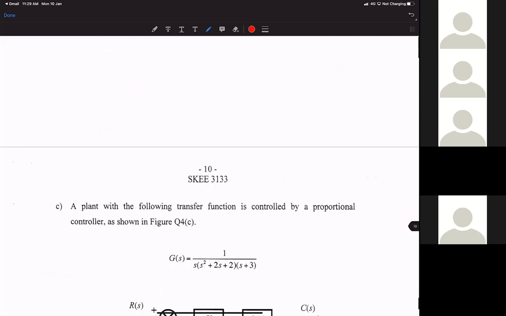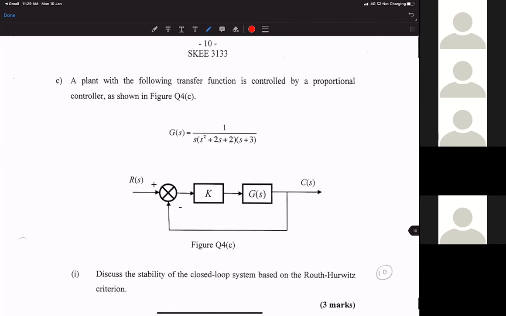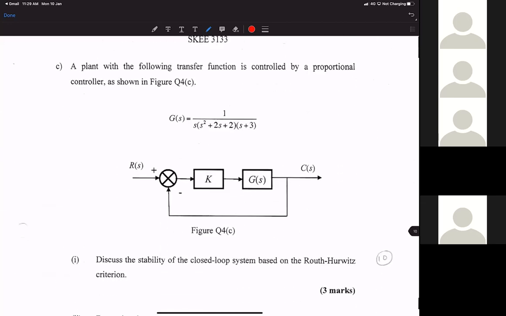Next, C. A plant with the following transfer function is controlled by a proportional controller as shown in figure Q4C. G(s) is equal to 1 over s bracket s squared plus 2s plus 2 bracket s plus 3.